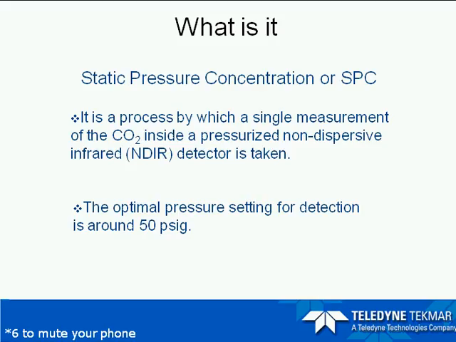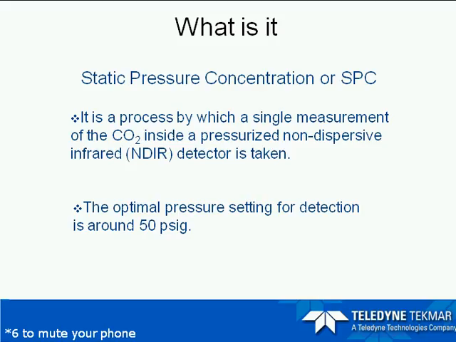So again, what is static pressure concentration? Well, static pressure, SPC, or static pressure concentration, is the process by which a single measurement of CO2 inside a pressurized, non-dispersive infrared detector is taken. Now, the main 2 points I want to mention here is that it's a single measurement and that it's pressurized.